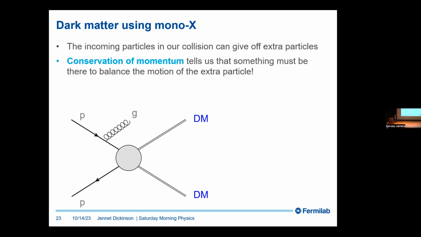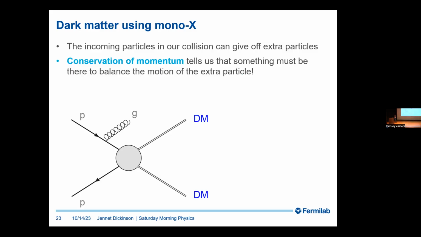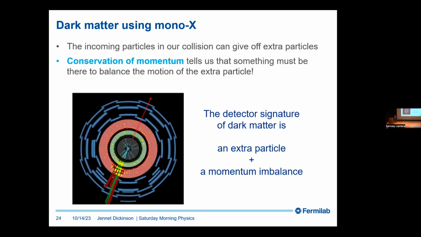So you could get a gluon coming off, or you could get a photon coming off. And then what you can do is you can say, I know the momentum of my incoming proton-proton system, and I can measure the momentum of my radiated particle, and then I can infer the momentum of the other stuff that was produced. So here we use conservation of momentum to notice that there was actually something that we can't see at all.